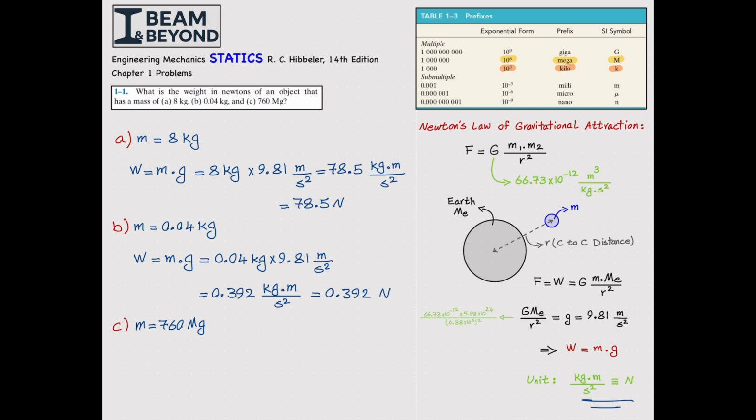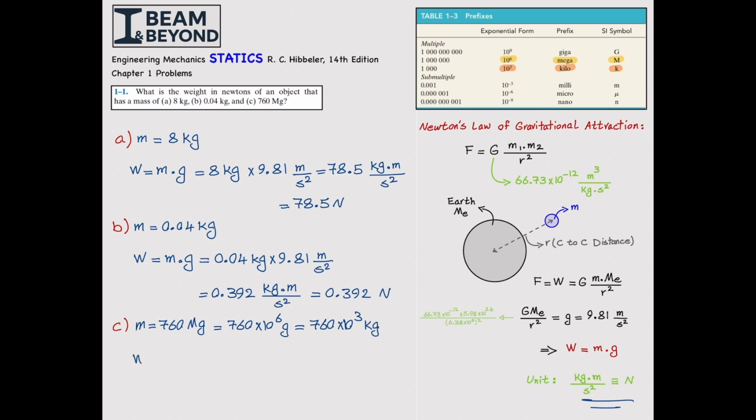In SI units, when solving physical problems, we always need to use mass in kilograms. So 760 megagrams equals 760 times 10 to the power of 6 grams, which equals 760 times 10 to the power of 3 kilograms.